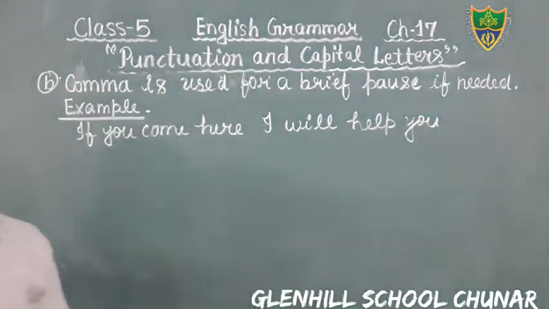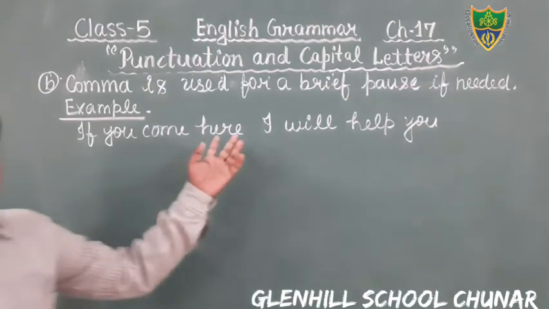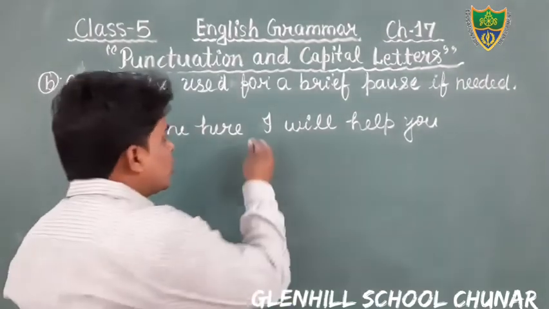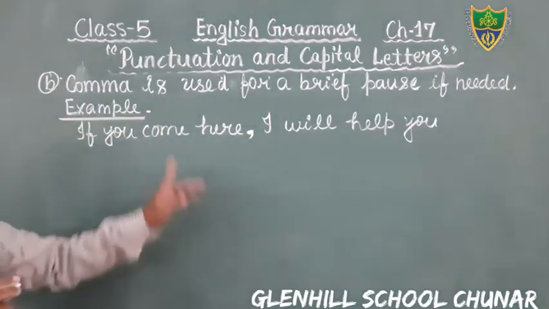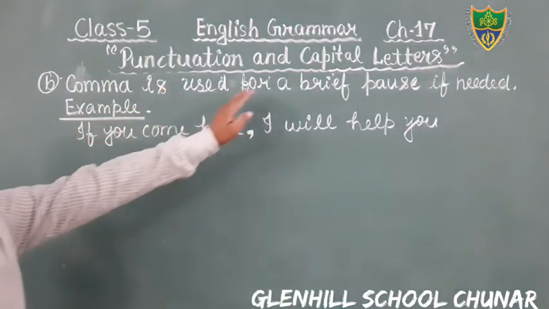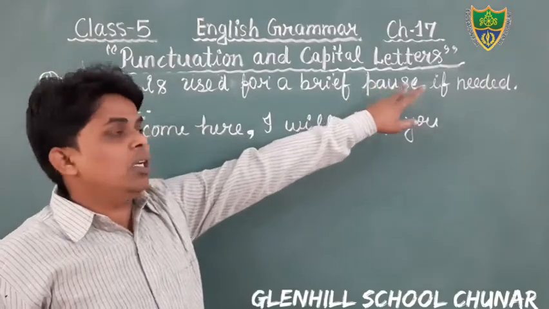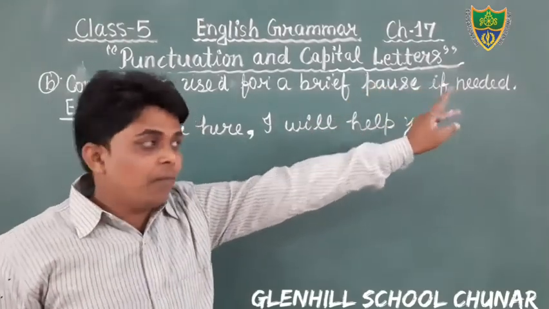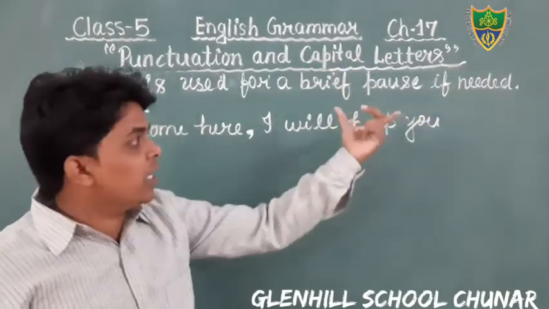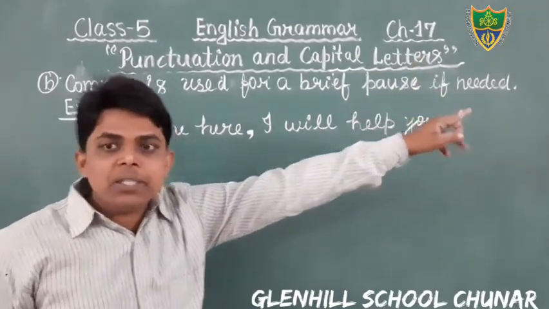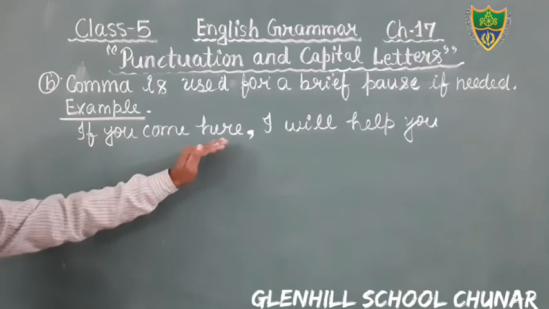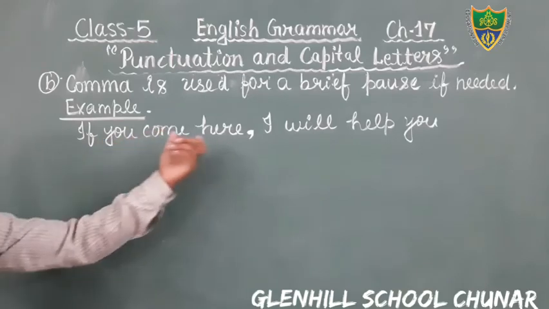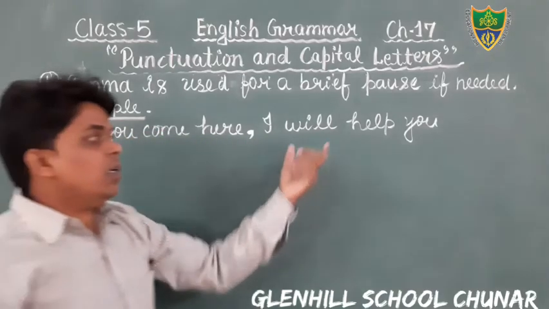Just say, students, if you come here, what is happening here? We are pausing a little. Therefore, we will use a comma. Just see, it is written here: comma is used for a brief pause, if needed. For a brief pause, if it is needed somewhere, what will we do? We will put a comma. We can see here: if you come here, I'll help you.